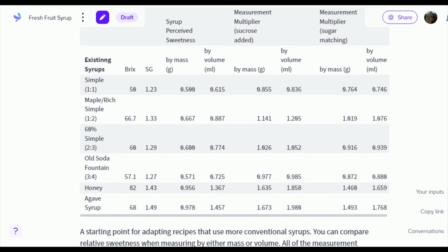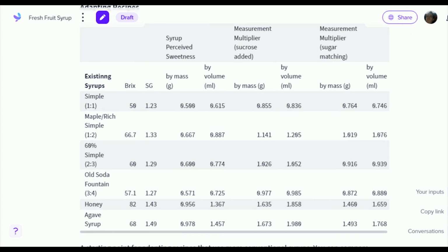So obviously, this hypothetical blueberry syrup, even if we only add sucrose, it still contains some natural sugars like fructose, so it's sweeter than a simple syrup. And so if a recipe called for 100 grams of simple syrup, we would only need 85.5, and even a smaller ratio if we were measuring by volume.